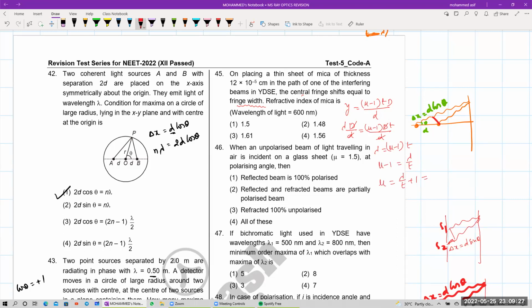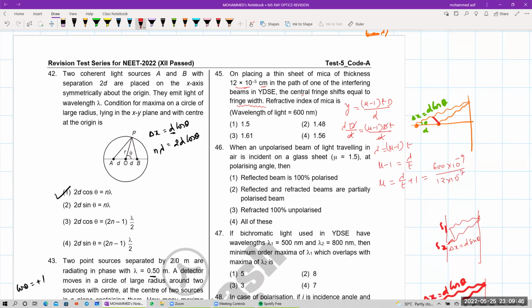So what value of wavelength is given in the problem, beta? 600 nanometer, that is 600 into 10 to the power of minus 9, divided by thickness, which is given as 12. So it is 12 into 10 to the power of minus 5 centimeters. Convert centimeters into meters, so 5 minus 2, that is minus 7.